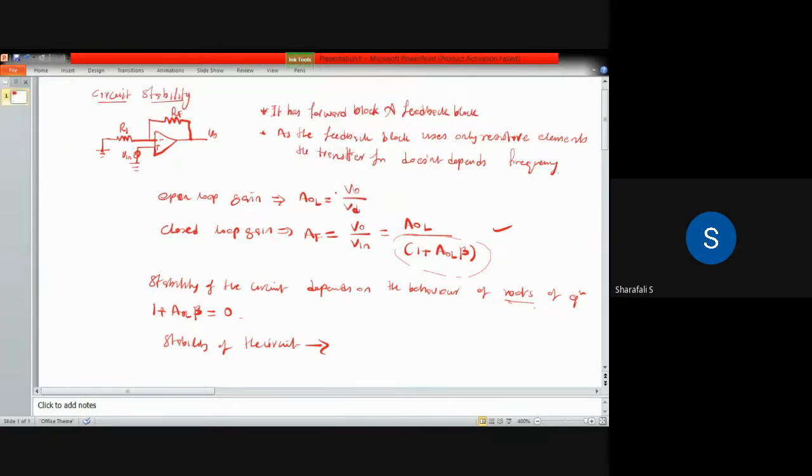Okay, so stability of a circuit, we can also say, is how close the circuit is to the condition of sustained oscillation. How close the circuit (CKT) is to the condition of sustained oscillation.